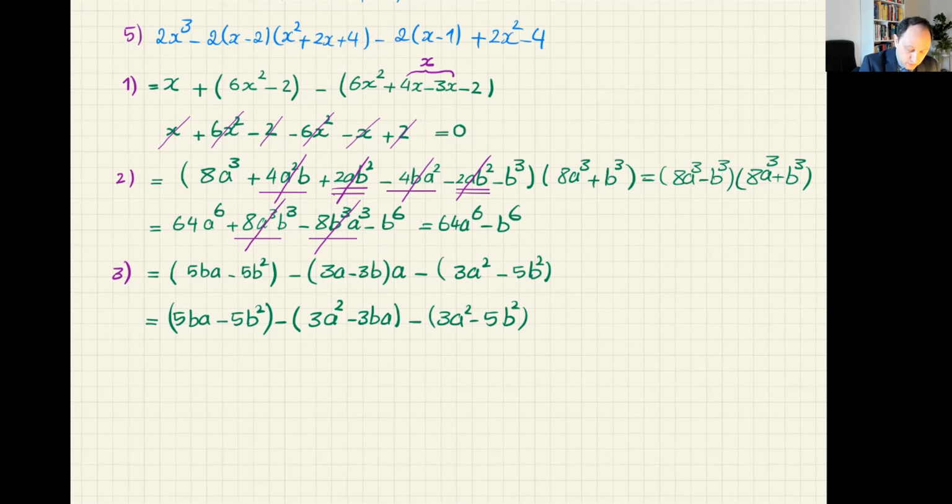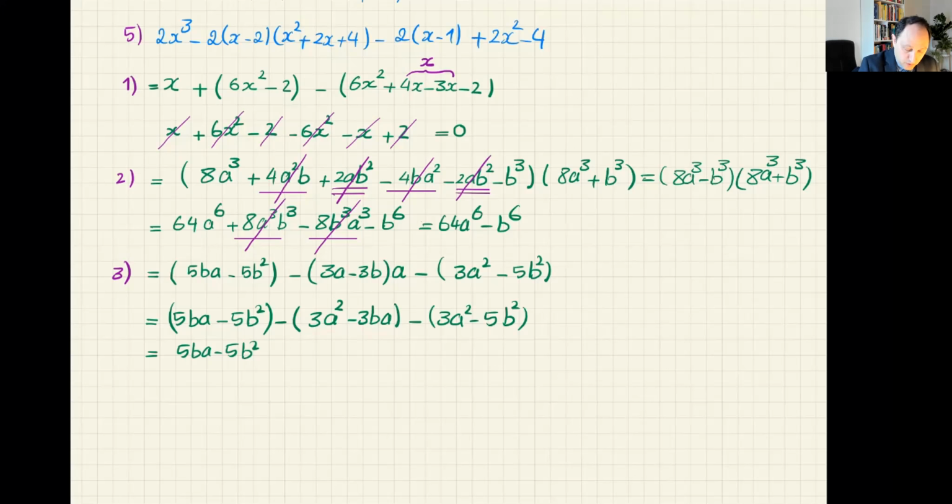Okay, now I start removing the pair of brackets. I don't need to be very careful here. I just remove the pair of brackets because there is no sign behind that. It means that that's positive. So this becomes 5ba minus 5b squared. But for the next one, I have to be careful. When I open the pair of brackets, this minus sign not only goes for the first one, but also for the second one.